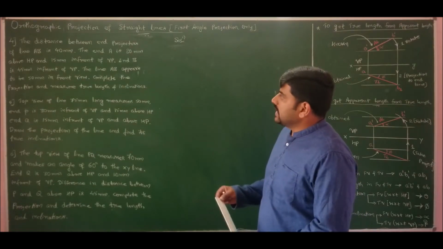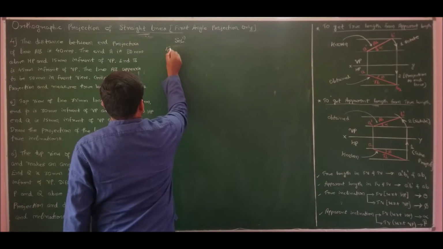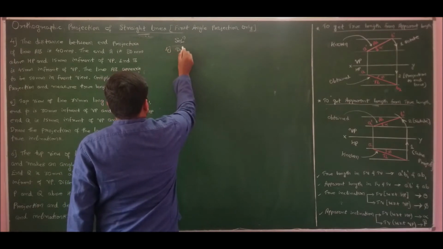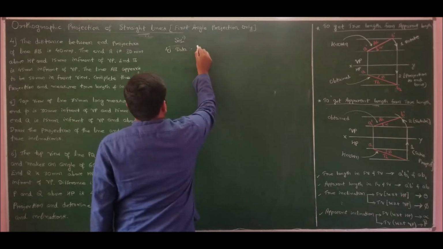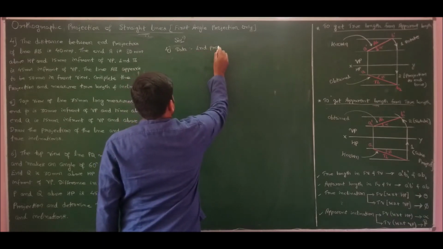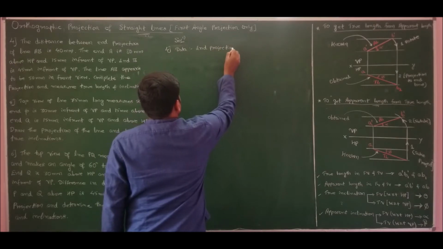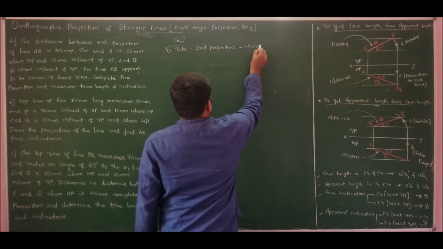Let us list out the data given first. For problem number 4, the data given are the distance between the end projectors. So the distance between end projectors is given, and therefore the end projector distance is known to us, which is 40 millimeters.